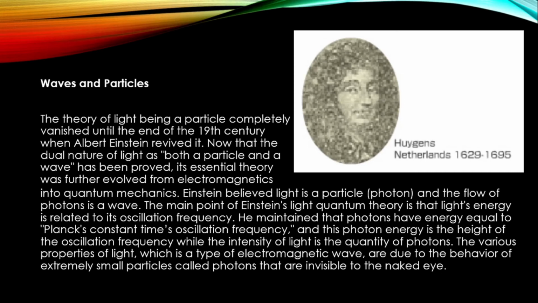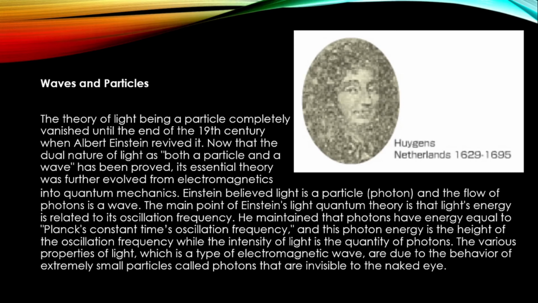Now that the dual nature of light as both a particle and a wave has been proved, its essential theory was further evolved from electromagnetics into quantum mechanics, because Einstein believed that light is a particle, or a photon, and the flow of photons is a wave. The main point of Einstein's light quantum theory is that light's energy is related to its oscillation frequency.